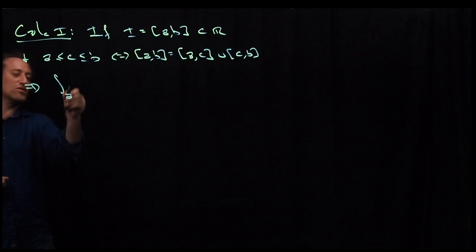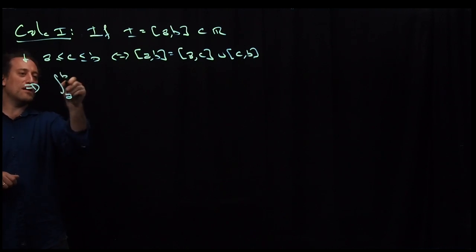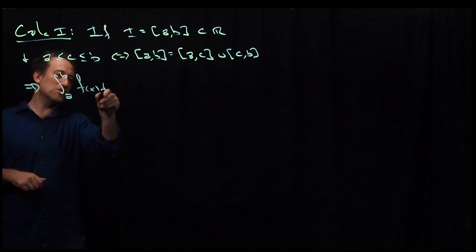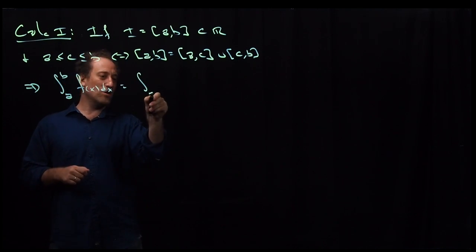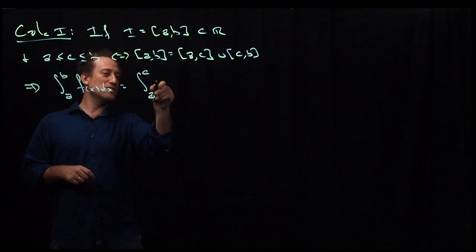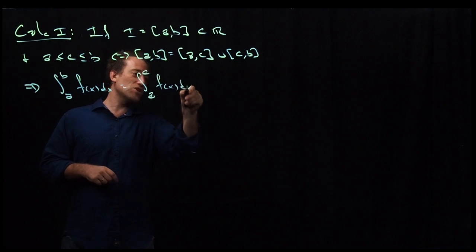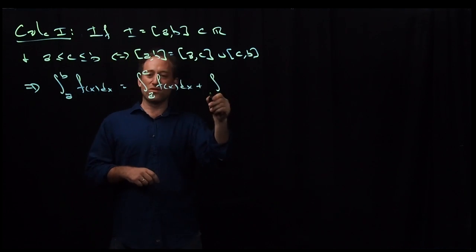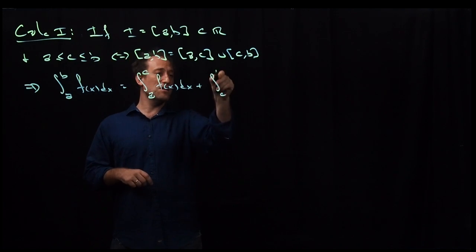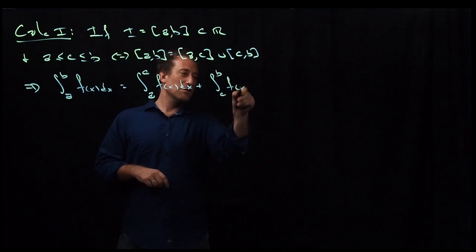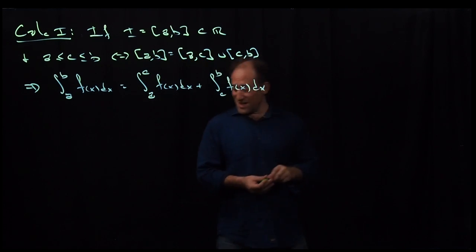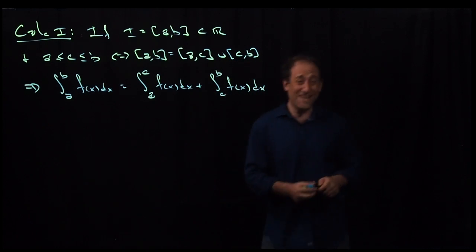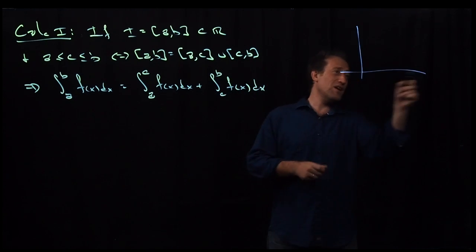Then the integral from a to b of a function f of x dx can be written as the integral from a to c of that function plus the integral from c to b of the function. Geometrically, this is usually explained in terms of area.